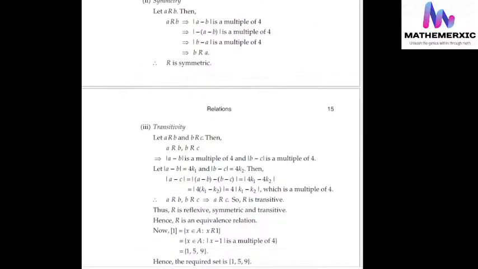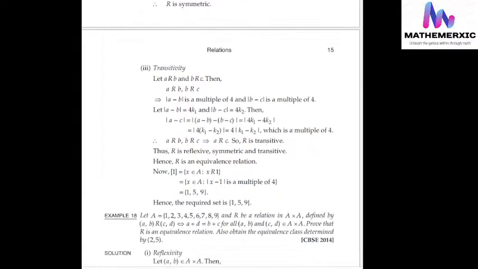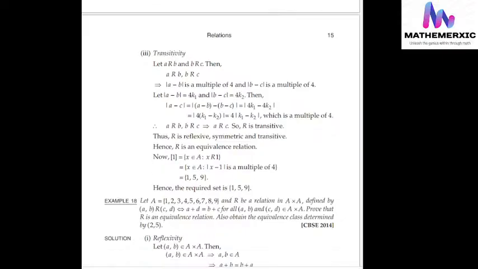Transitive: a is related to b and b is related to c. Then the modulus of a minus b is a multiple of 4, and the modulus of b minus c is a multiple of 4. Say modulus of a minus b is 4k1 and modulus of b minus c is 4k2. Then the modulus of a minus c is the modulus of (a minus b) plus (b minus c), which is 4 times (k1 plus k2), a multiple of 4. So a related to b and b related to c gives a related to c.